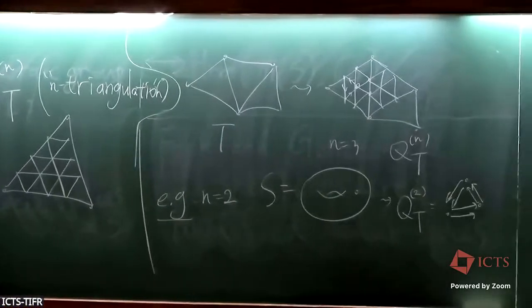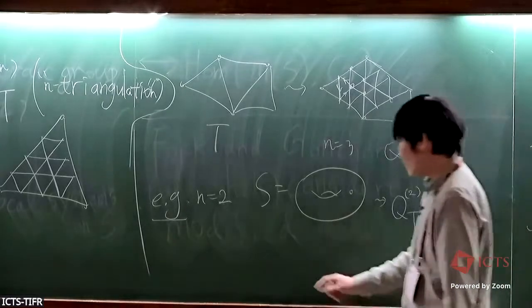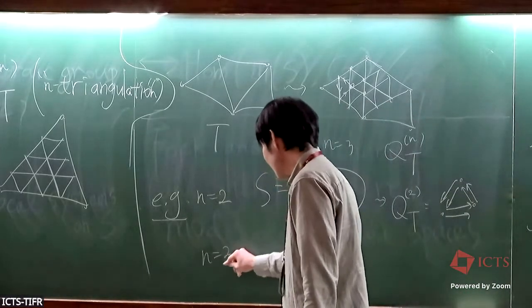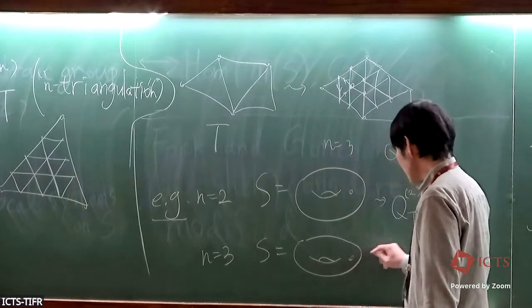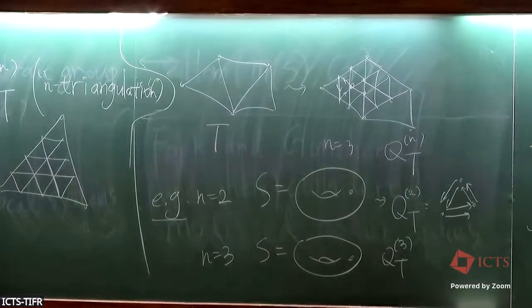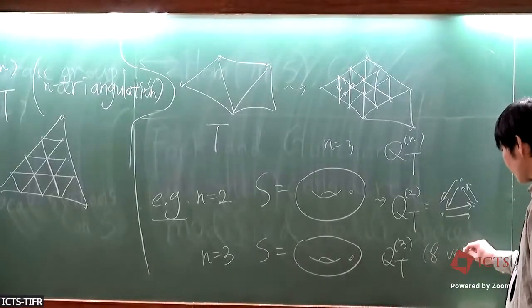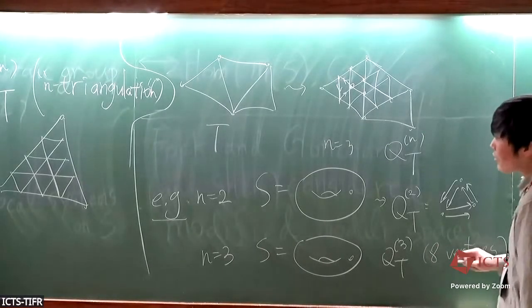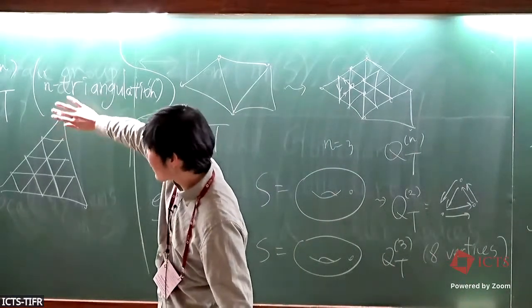If you do the same thing for the once punctured torus for n is 3, then I'm not going to give you a picture. Then this thing is some quiver that consists of 8 vertices. Right, so the original ideal vertices, which are punctures, are not part of the quiver.